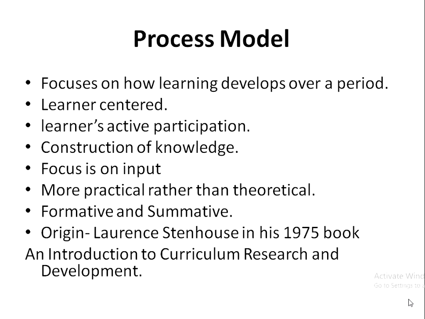So here overall we can say in comparison to product model, process model is an ideal one. Getting the point? So we have to give much more importance to the learner. We should not give much more importance to the objective. Rather than giving importance to the objective, we should give importance to the process. That means how the learners learn.